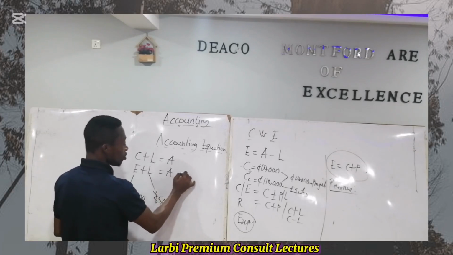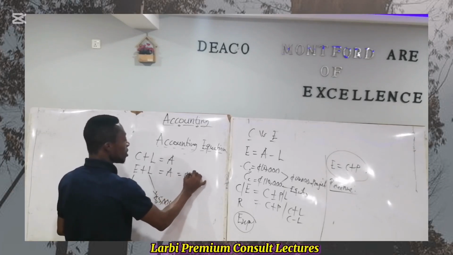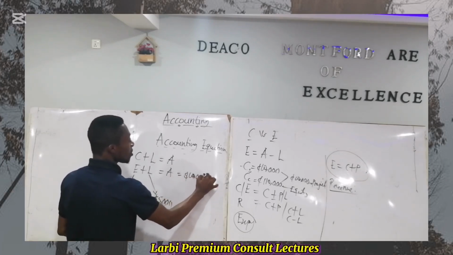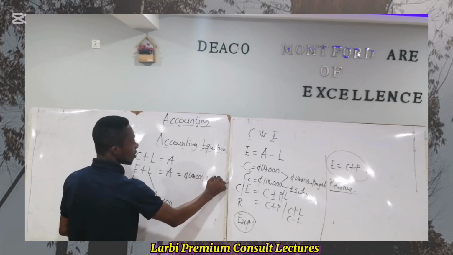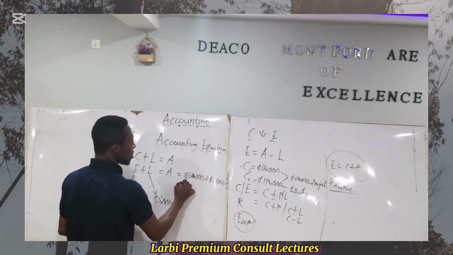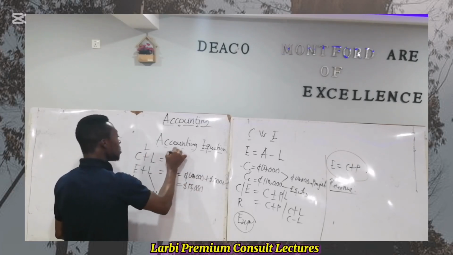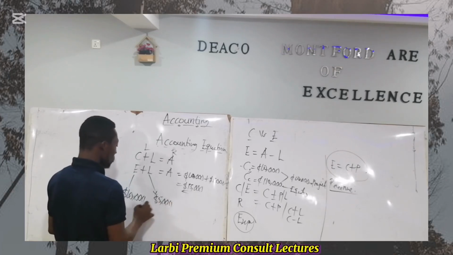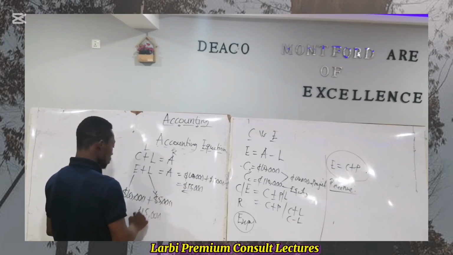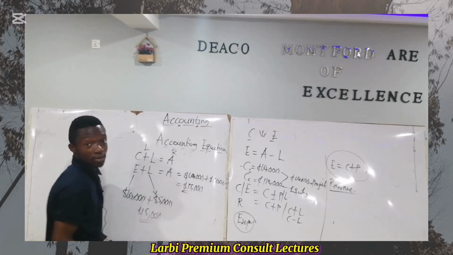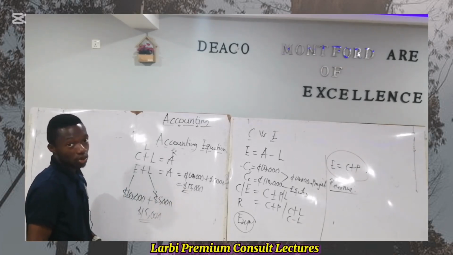We can say that our asset should be equal to 10,000, okay, plus what? 5,000. That should give us what? 15,000. So you can clearly see that on both left and right, we are getting the same amount, $15,000. This is what the accounting equation is all about.